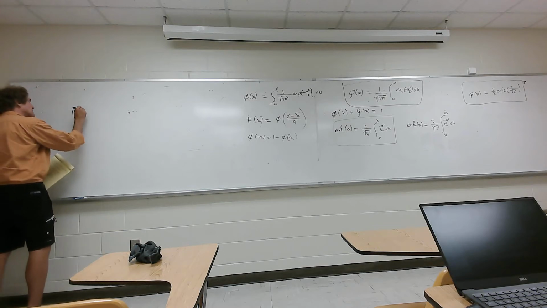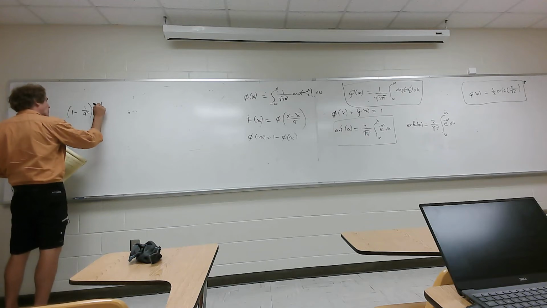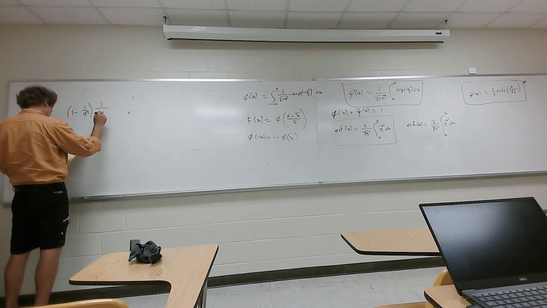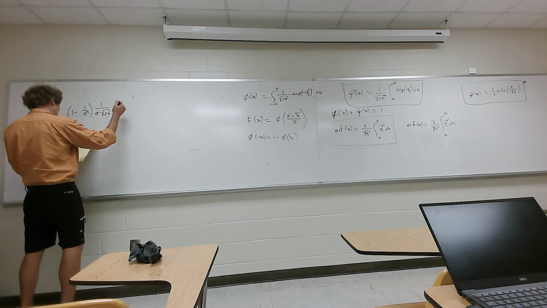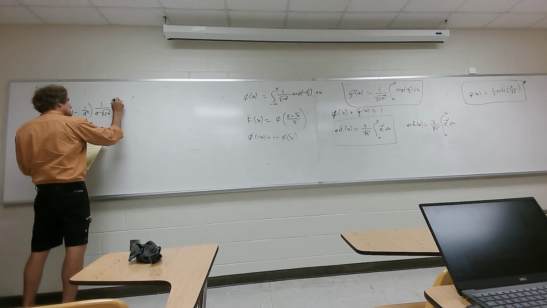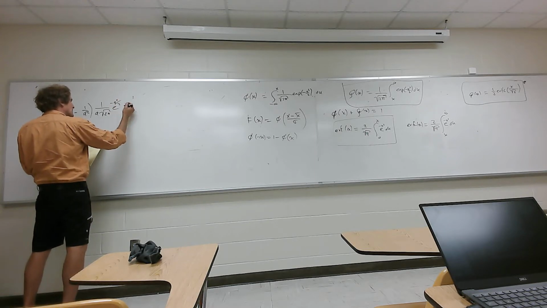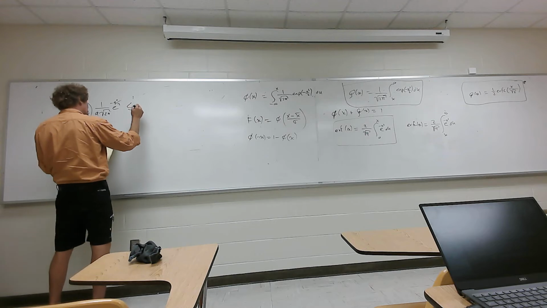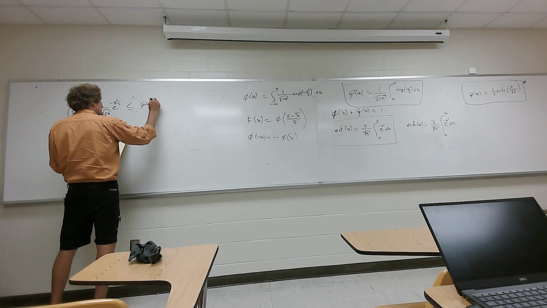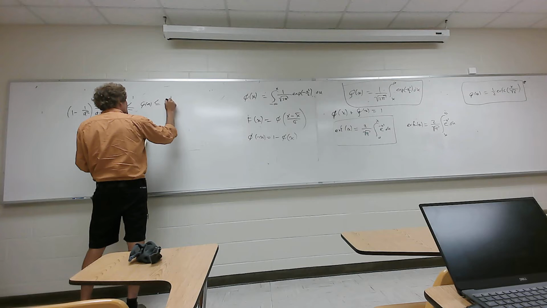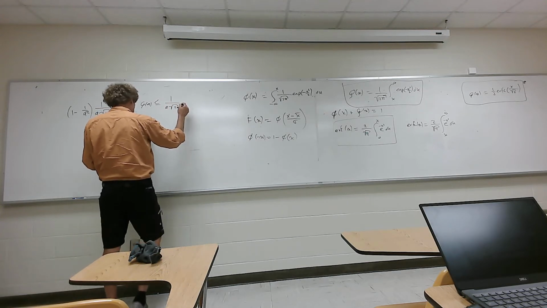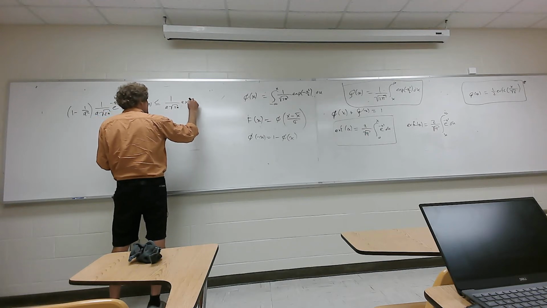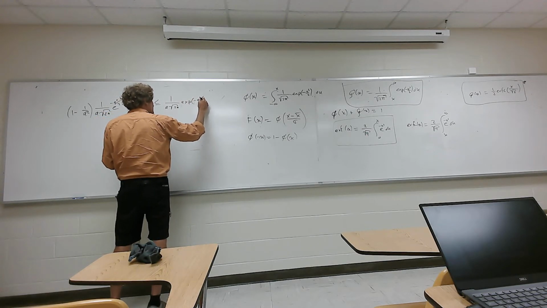They said 1 minus 1 over a squared times 1 over a square root of 2 pi, just bear with me on this, times e to the minus a squared over 2 is greater than or equal to Q of a, less than or equal to 1 over a square root of 2 pi times exp of minus a squared over 2.